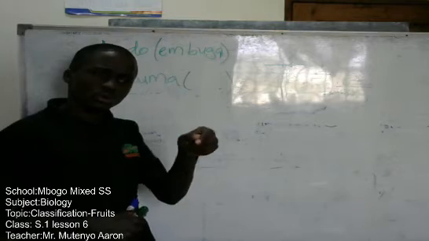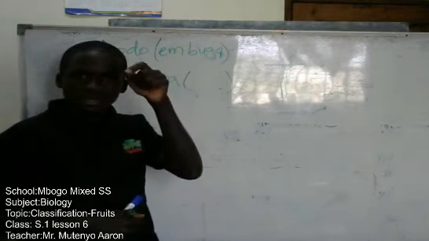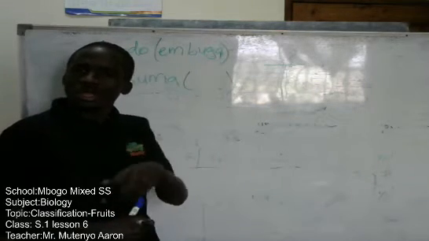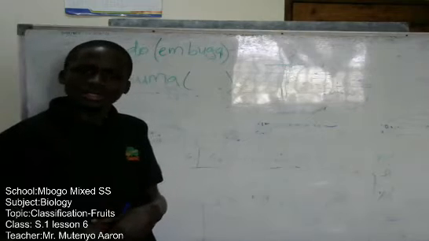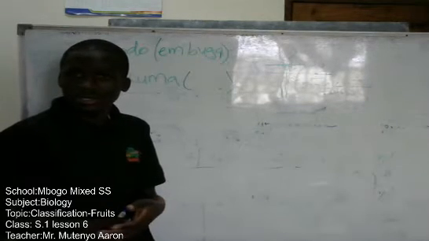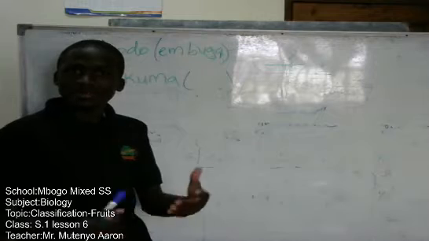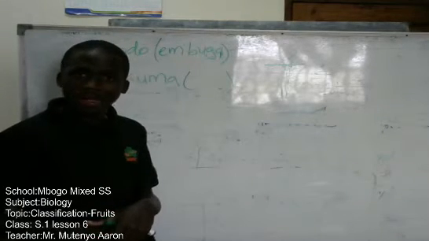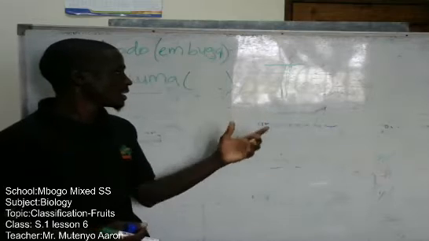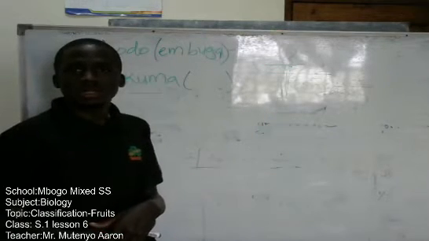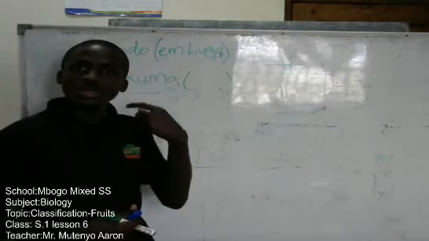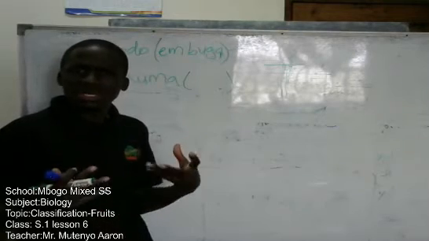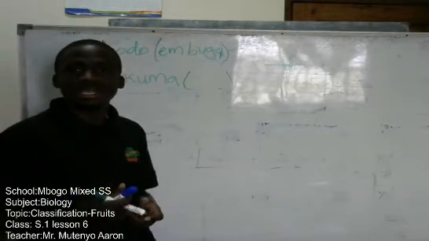We instead leave the flowers to grow and develop into fruits. Why is it that for dodo and sukuma, we remove the flowers? Have you ever asked yourself such a question? As a biologist, which explanation can you give for such? So we are not just studying this knowledge to make sure that we cover the syllabus. No. One day, practical application. Give an explanation for why certain things happen.